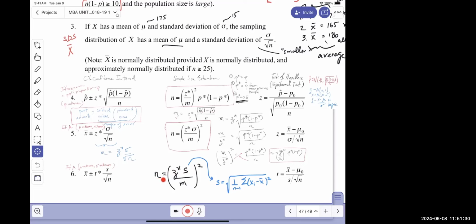You could do it with a computer, like in Excel, and try to balance the equations, taking different values of n, like different sample sizes, and this number would change and this number would change, and see if you can get them to equal.